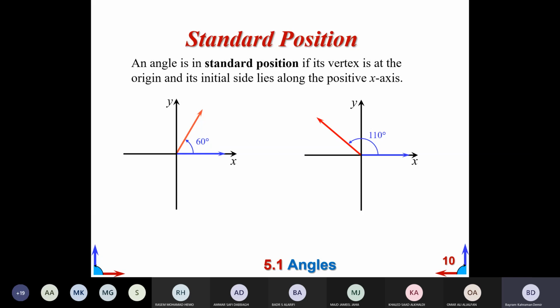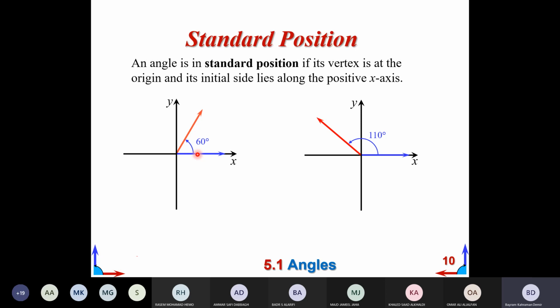Now, to study angles, Shabab, we need to establish a standard form. When we draw the angles, we will assume that always the initial side is on the positive x side. Okay, positive x line is going to be the initial side. That means always you need to start from here.